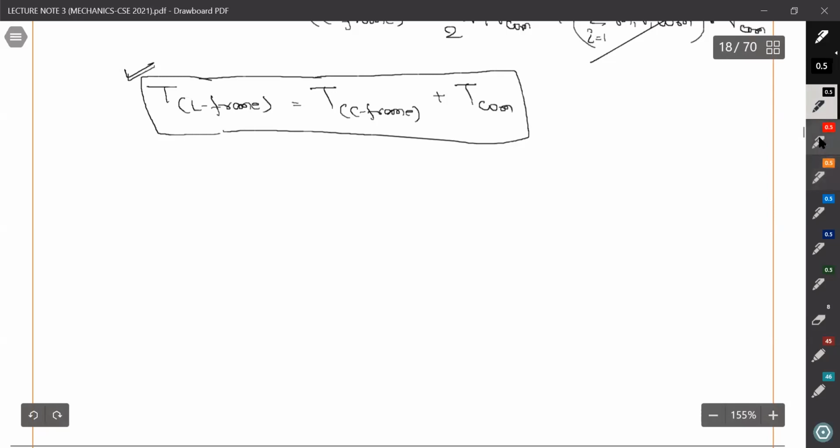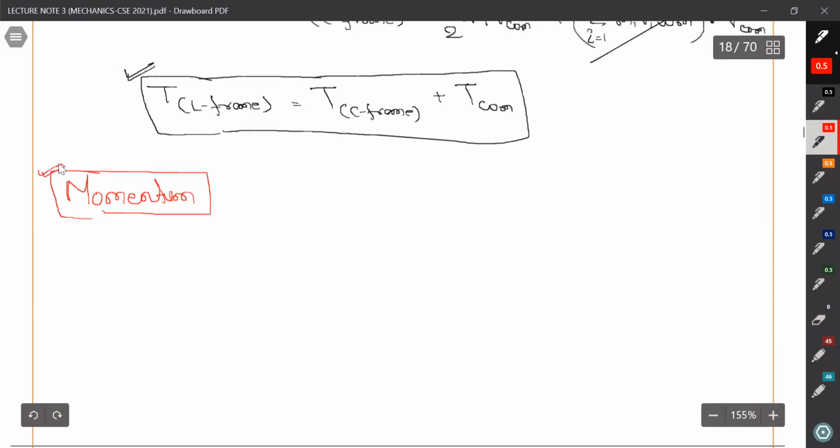Okay, now let's move to the next topic, that is conservation of momentum. But before getting into the conservation of momentum, I want to spend a few minutes on momentum. What do we mean by momentum?